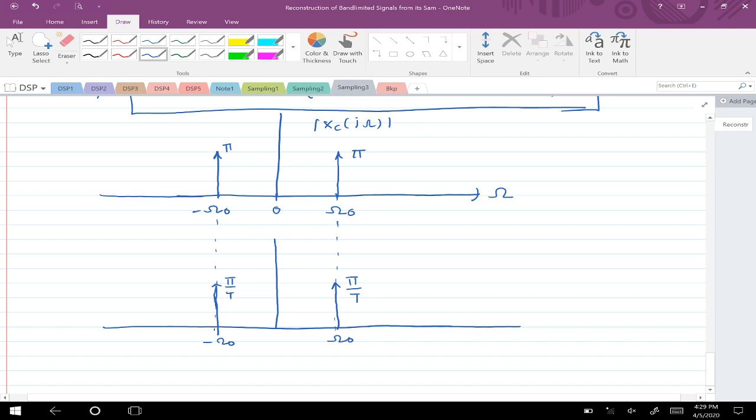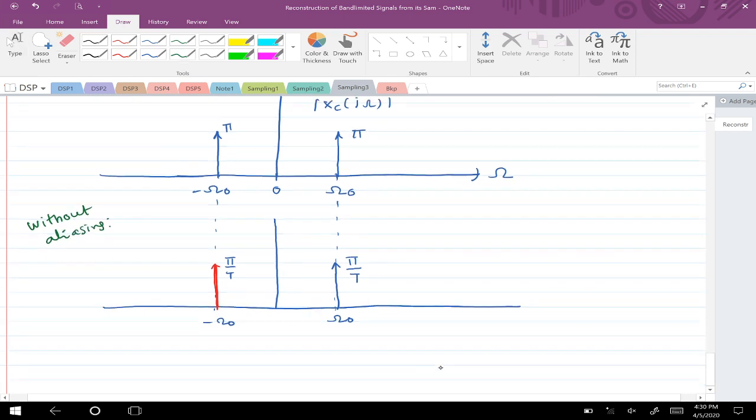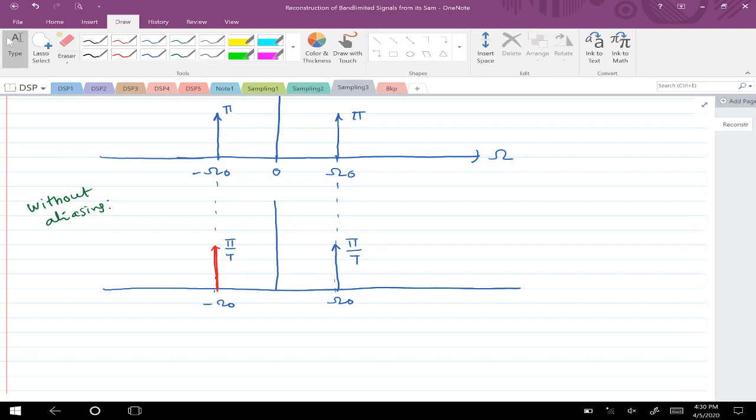For a purpose that will be clear shortly, I would prefer drawing on one side with blue color and on the other side with red color. Now consider the case of without aliasing. If you draw this out, the next one would be placed at omega s, correct?